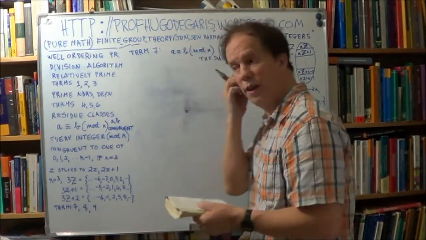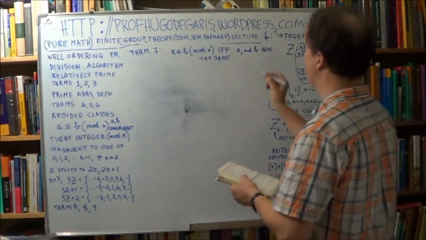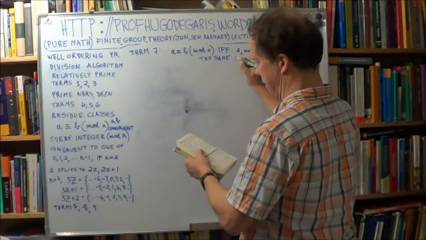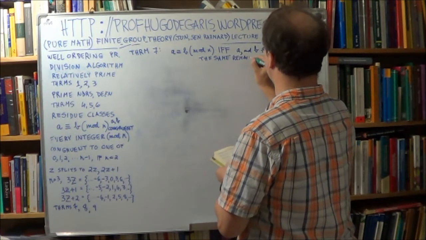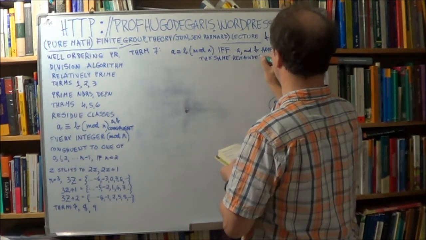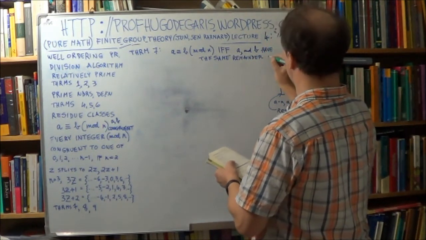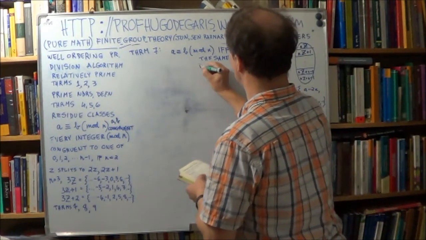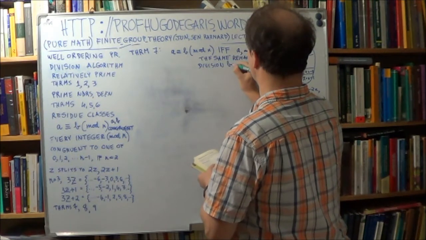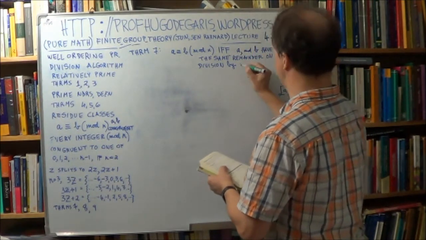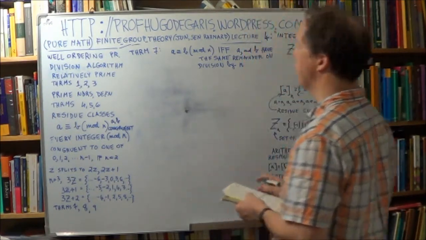Remainder and residue, same thing. Okay. Have the same remainder on division by n. Okay.